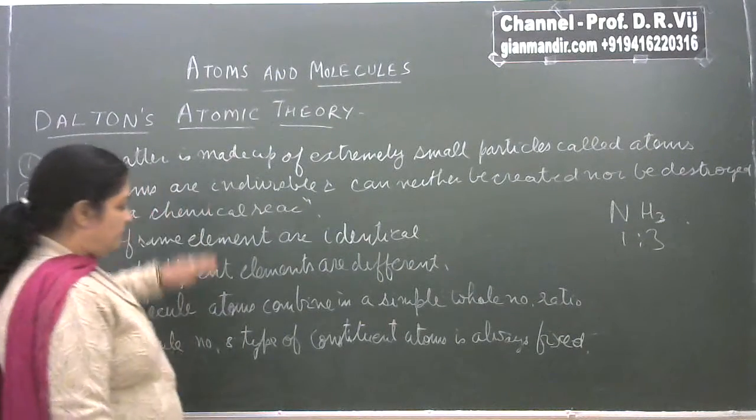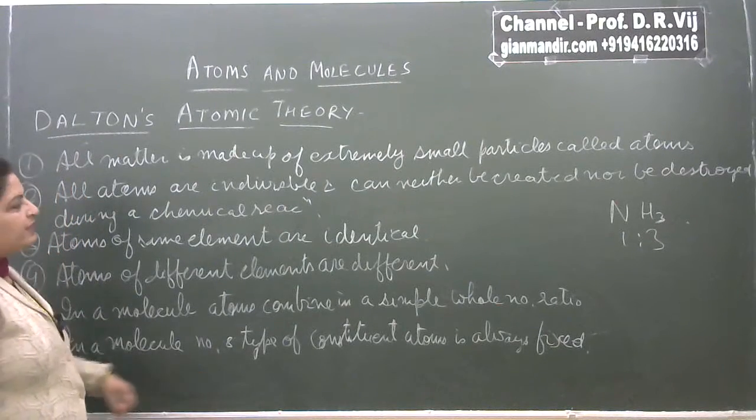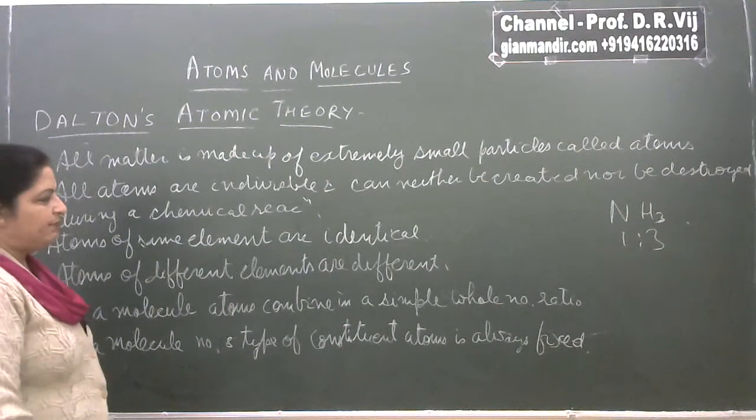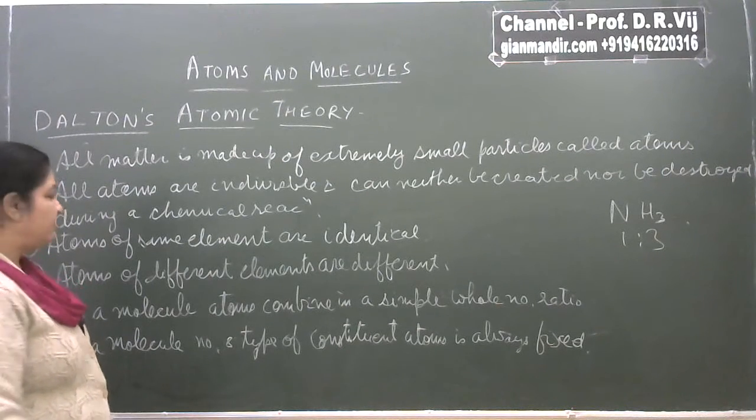So these are the postulates of Dalton's atomic theory, and as I have already told you, these postulates provide a theoretical explanation for the laws of chemical combination. So let's look at those postulates that give the explanation.